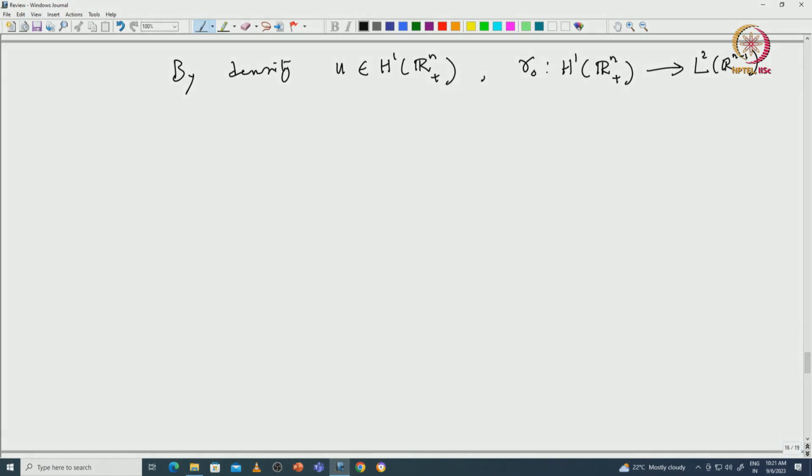We may not write gamma naught of u all the time, but when you write u restricted to the boundary, you have to understand it as the boundary values in the sense of traces, and then you can also prove that the norm of gamma naught of u in L2 of R n minus is less than or equal to a constant times the norm of u in H1 of R n plus.